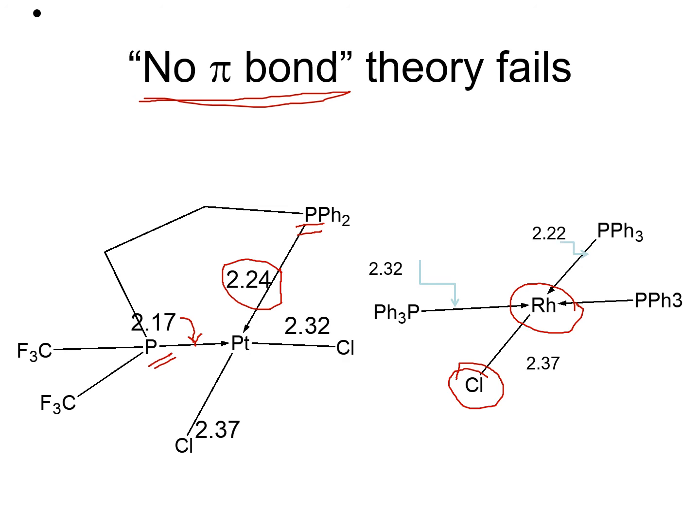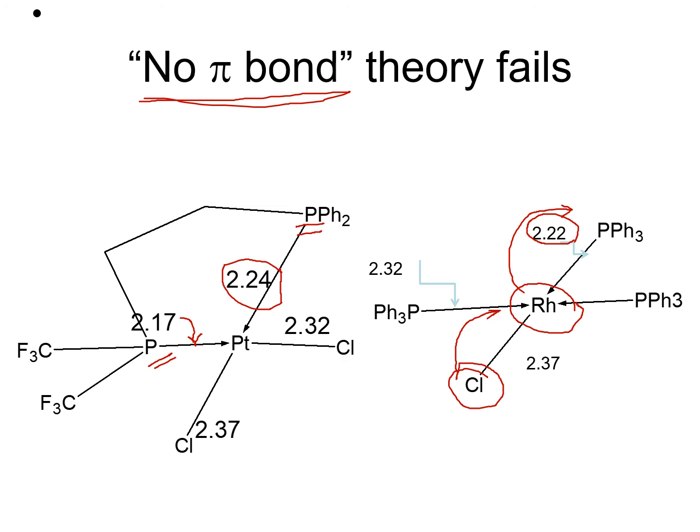In other words, the pi donation from chlorine to the rhodium should in turn promote pi donation from rhodium to PPh3, if there is a pi bond between the rhodium and the PPh3. And if this is indeed operative, you would expect a shorter bond distance between the PPh3 and the rhodium when it is trans to a chlorine.